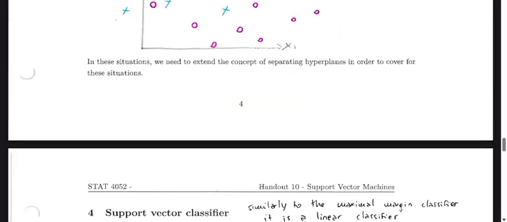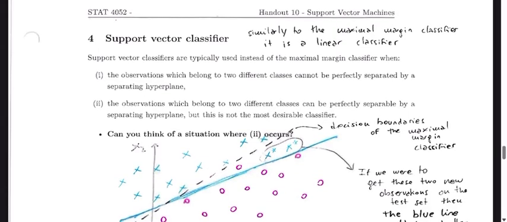Because of that, we're going to move to the support vector classifier. So the support vector classifier is a soft margin classifier.